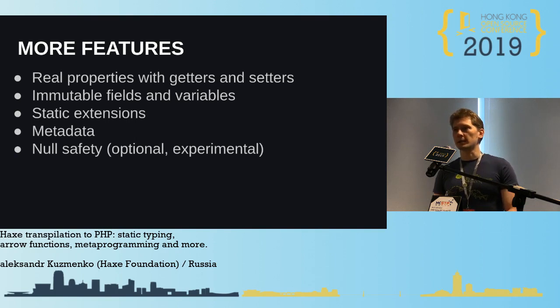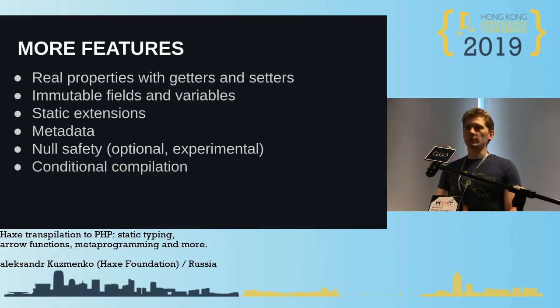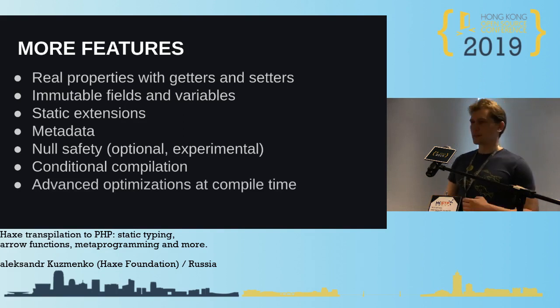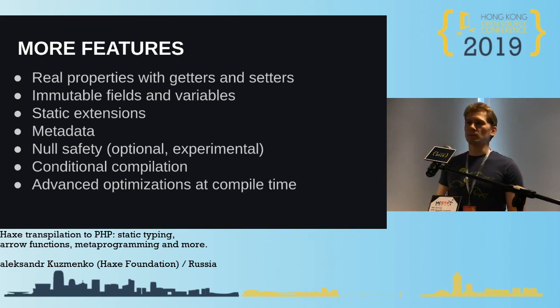You can enable null safety for parts of your code. Haxe has conditional compilation, so you can include or exclude parts of your code for the debug version of your application or for the release version. Also, the Haxe compiler is an advanced optimizing compiler, so the same code written in Haxe and in PHP may be executed many times faster.